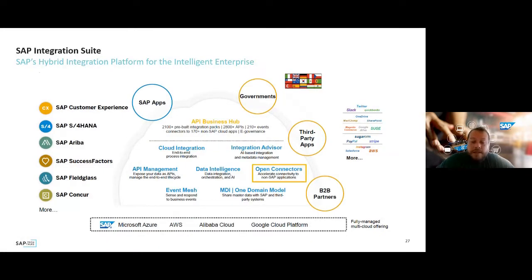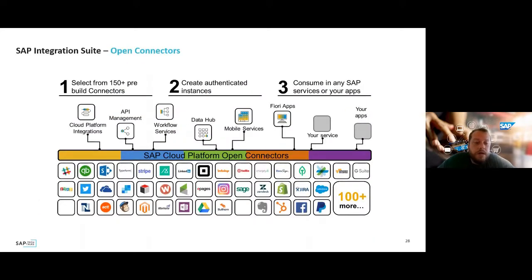The next one is the Open Connector, right? The Open Connector is one of my favorite components that allows you to easily connect with a huge number of applications that we have in the market. I can give you a classic example where at least I faced a lot of problems in the past, for example, Salesforce, right?